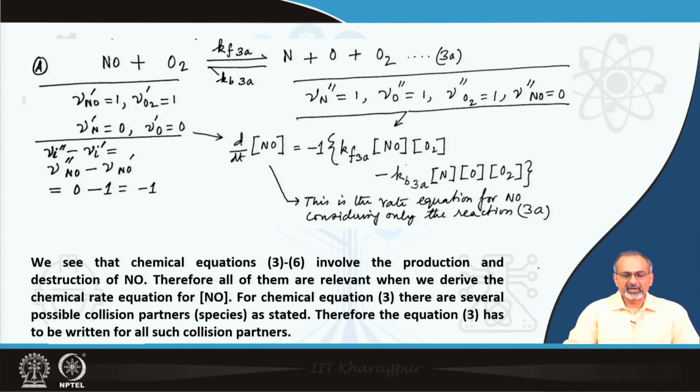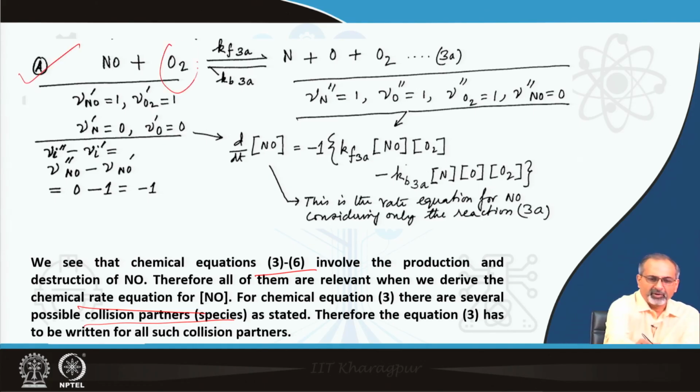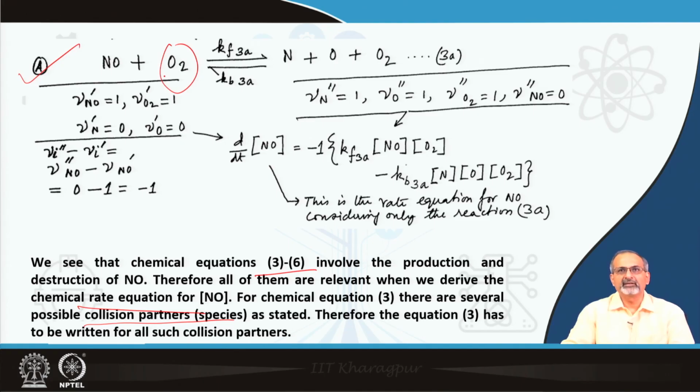We see that the chemical equations 3 to 6 involve production and destruction of NO. Therefore, all of them are relevant when we derive the chemical rate equation for the NO concentration, and we account for the different collision partners for the equation 3. This is the first one that you can think of, where the collision partner happens to be molecular oxygen. You work out the stoichiometric mole numbers and accordingly fit it into the rate equation.